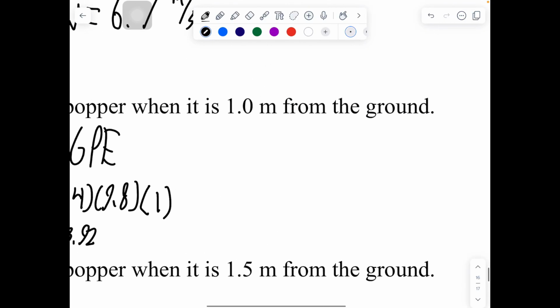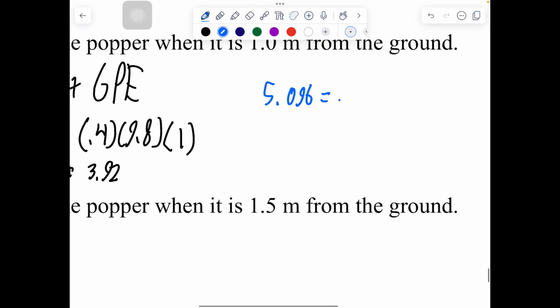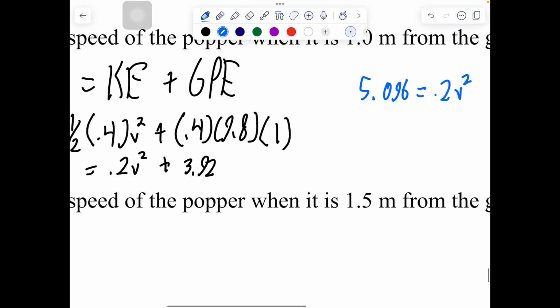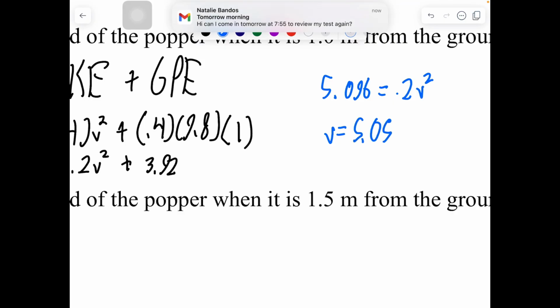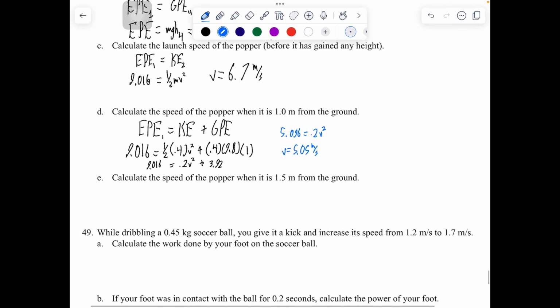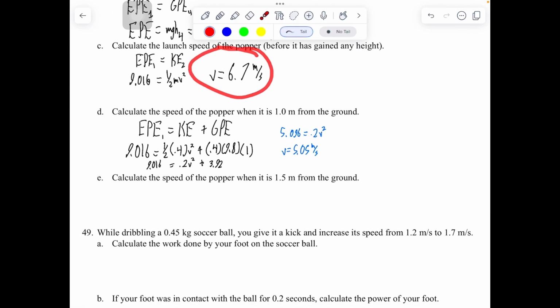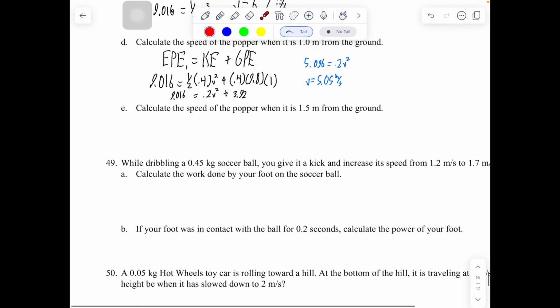We end up with 5.096 equals 0.2 v squared. Divide by 0.2, and take the square root, and we find that velocity should be 5.05 meters per second. That makes sense. That's less than it was right when it launched, as it has gained some GPE, so thus lost some KE.